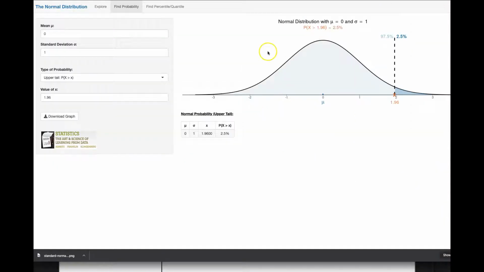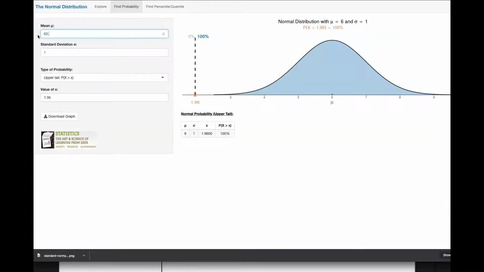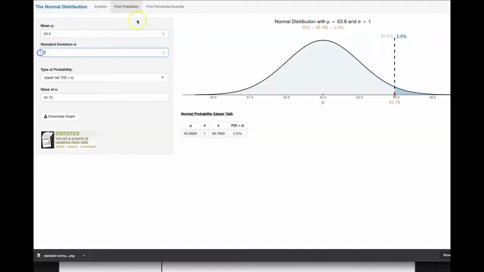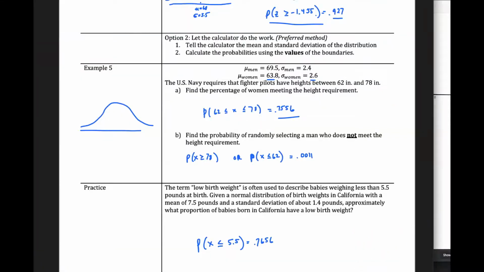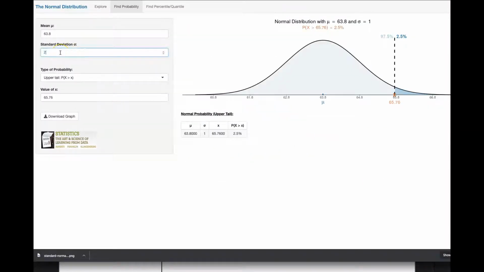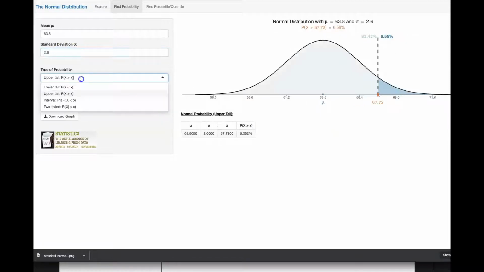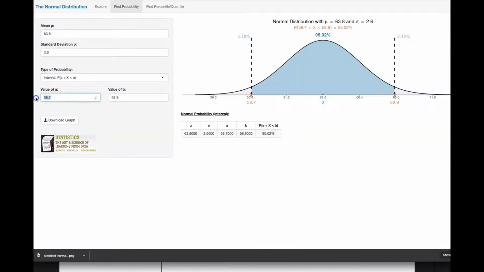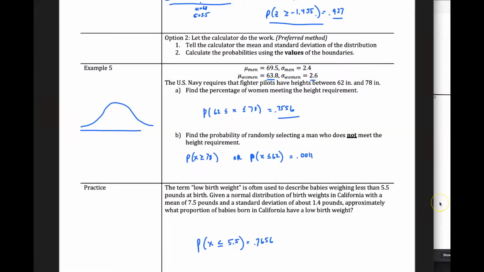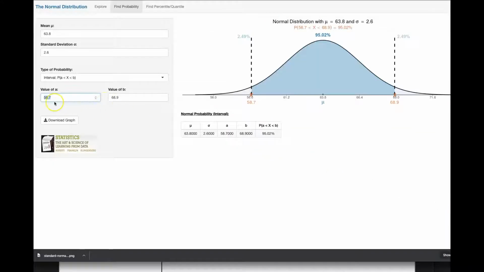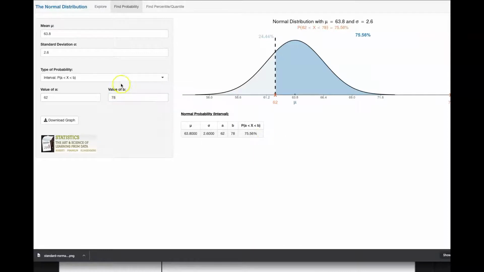So for StatCrunch, you're going to put in 63.8 here. The standard deviation was 2.6, and then we do the between, and we want it between 62 and 78, and so this will give us the percentage or proportion of women that fall between that, given this condition here.